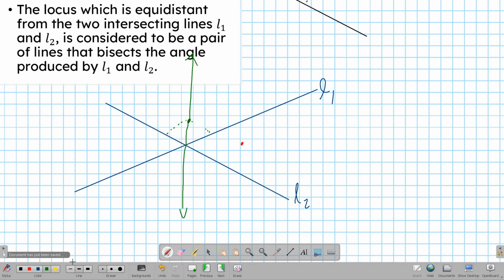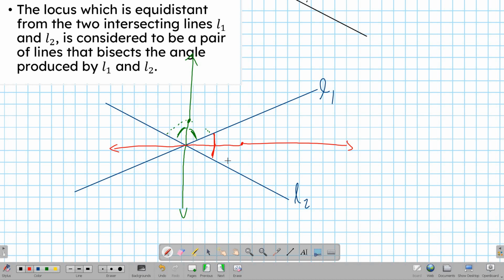Same with this red line. Wala naman itong ibang pupuntahan kundi in this direction or in this direction. And with that, ito daw ay naging angle bisector nito at ito naman ay naging angle bisector nito. Kasi equidistant yung point na yun from those two lines.